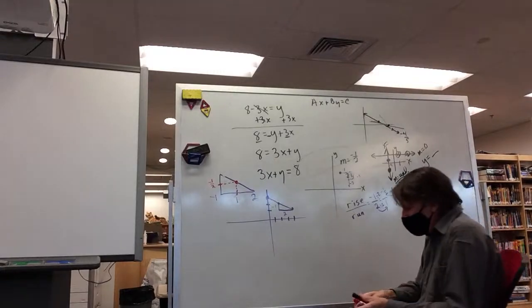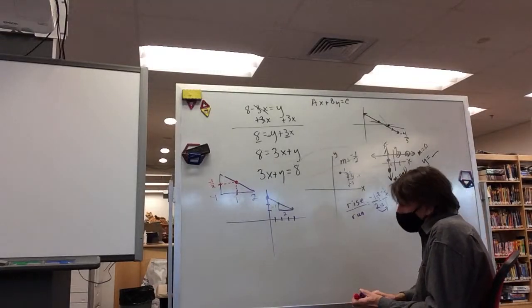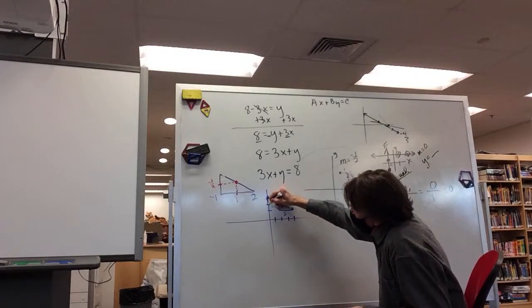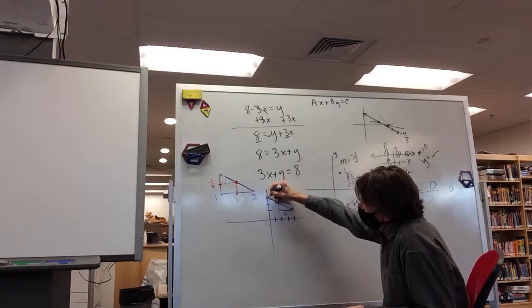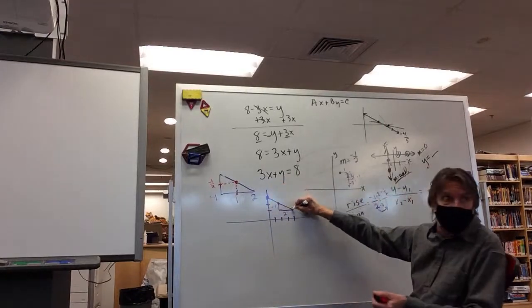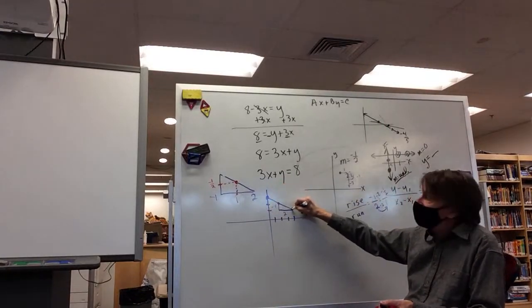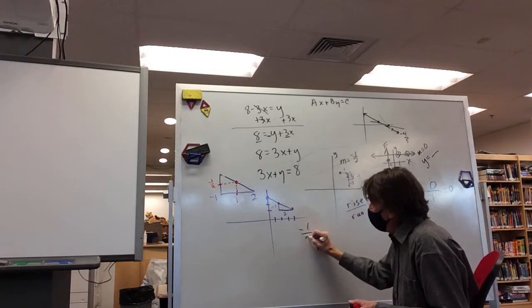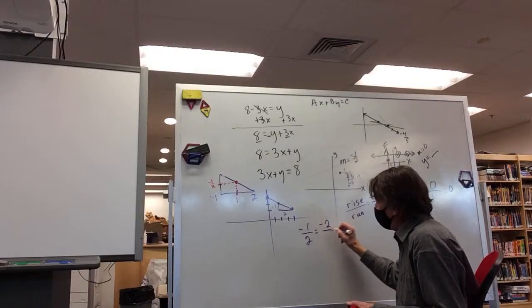So whether you have a slope like this where you go down 1 and over 2, or you could go down 2 and then over 4. If you went down 1 and over 2, that would be the same as going down 2 and over 4.